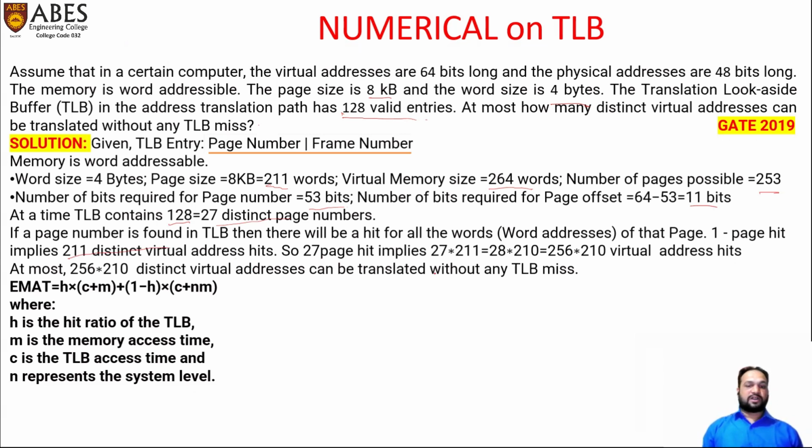So 2^7 page hits imply how many? Since one page requires 2^11, 2^7 pages would require 2^7 multiplied by 2^11, which will give you these many virtual addresses. So a maximum of 2^18 distinct virtual addresses can be translated without any TLB miss.